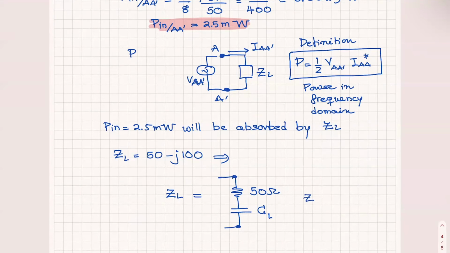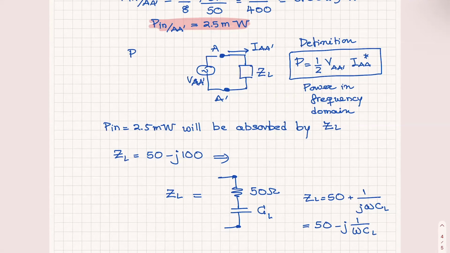So ZL is 50 plus 1 over j omega C_L, which makes it 50 minus j times 1 over omega C_L. That means there is a resistor and a capacitor.